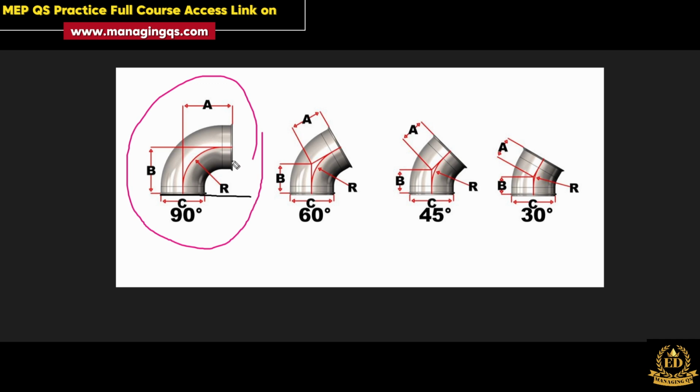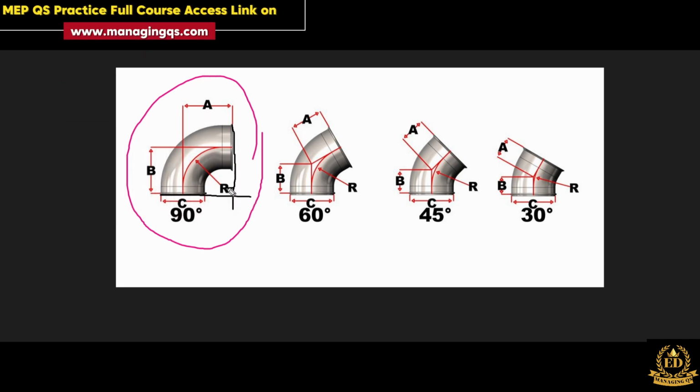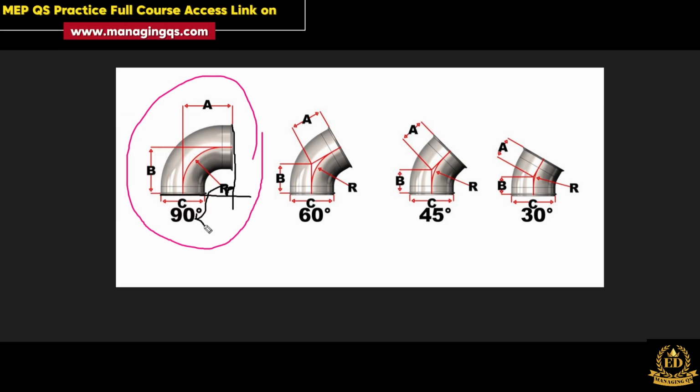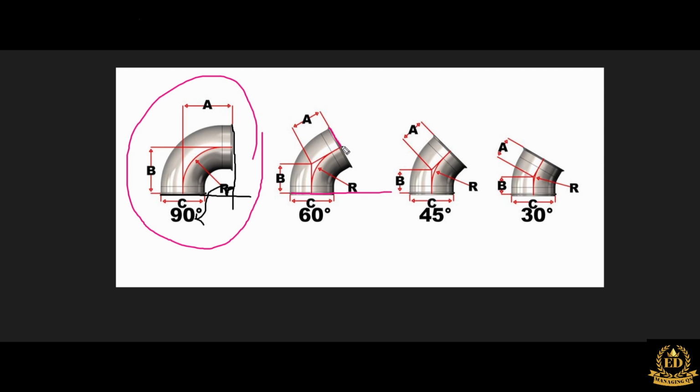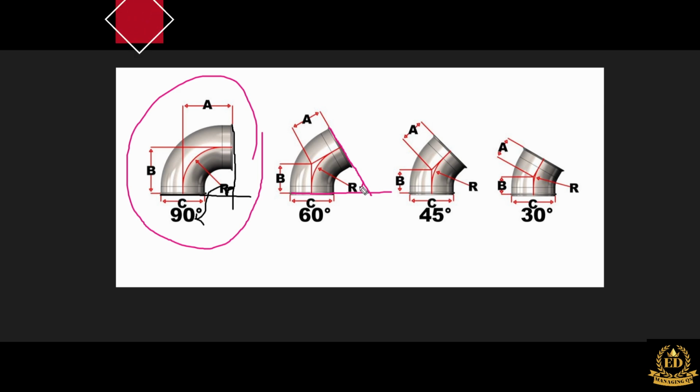The first line, the second line. The internal angle between these lines is 90 degrees. That's why we call it a 90-degree elbow. Right. For the second one, you can make one line here and a second line through this surface, and you can find the angle of this elbow.